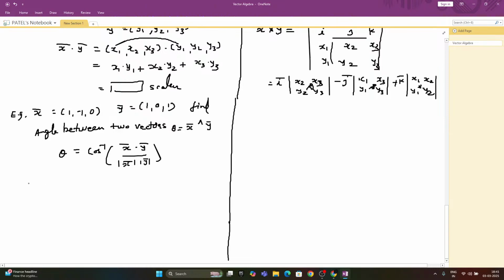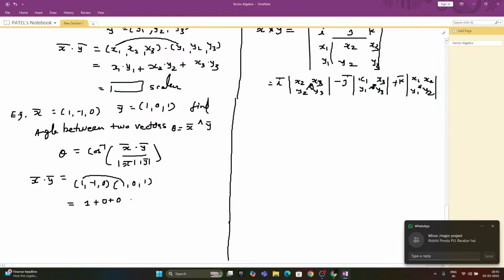So here we have to multiply x bar dot y bar. That is 1, minus 1, 0 dot 1, 0, 1: 1 into 1 is 1, minus 1 into 0 is 0, 0 into 1 is 0. So the dot product is 1.